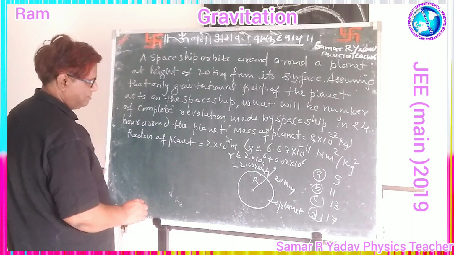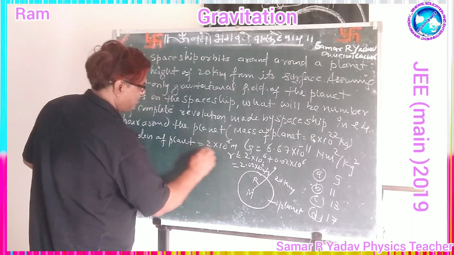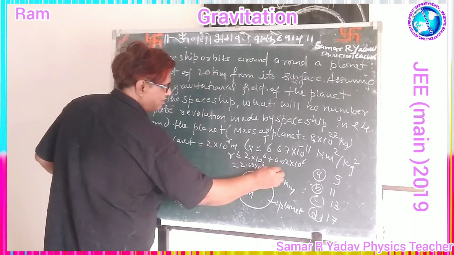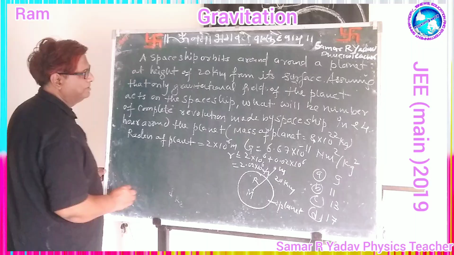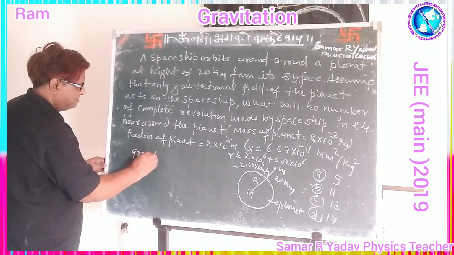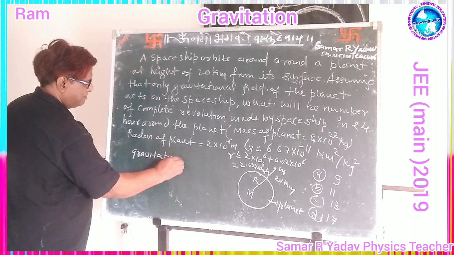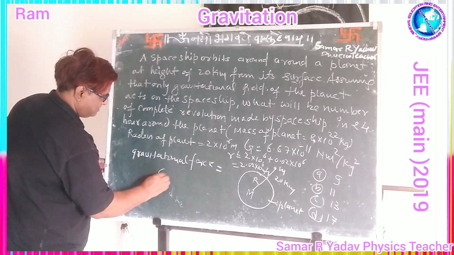Now here the mass of the planet is capital M, that is also given, and mass of the spaceship is small m. Now gravitational force is equal to centripetal force.